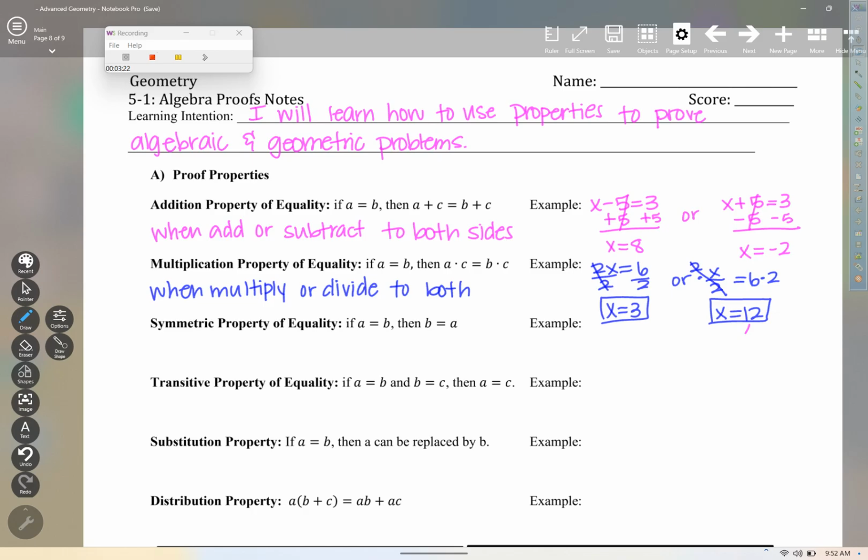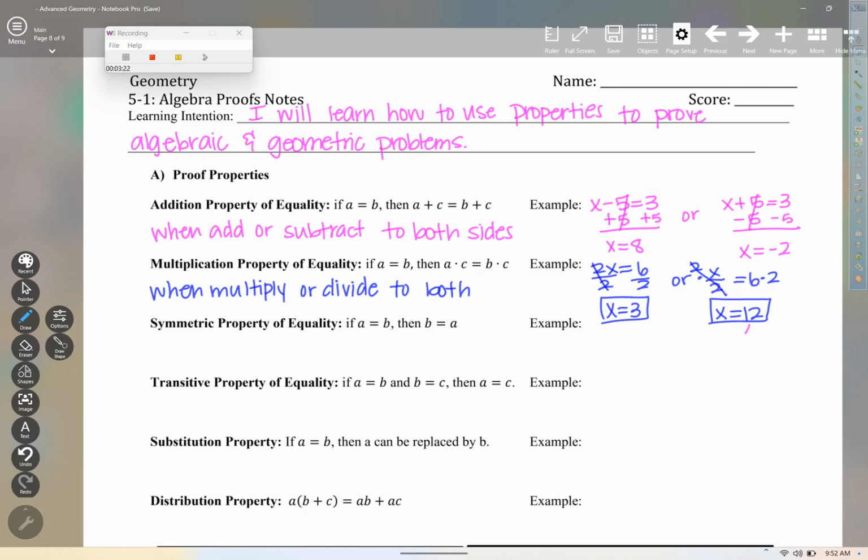All right? So we have the addition property of equality and the multiplication property of equality, and then we also have the symmetric property of equality. That says if A equals B, then B equals A. So say, for instance, you solved your equation, so let's do this backwards. Here's my example. Say I have 6 equals 2x, and then I solved for x, so I divided by 2. Well, then that states that 3 is equal to x.